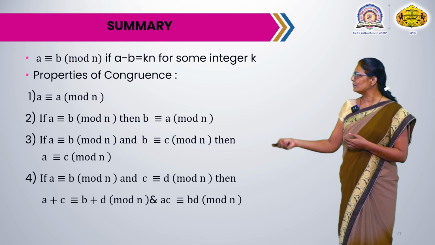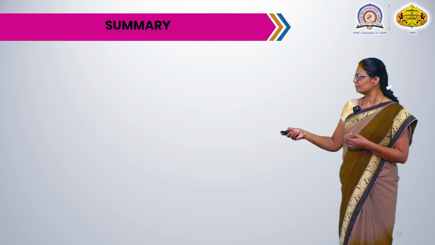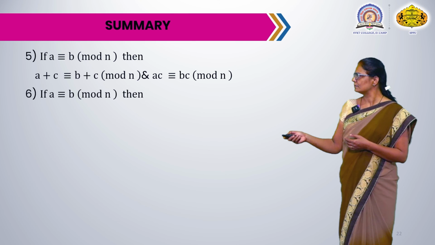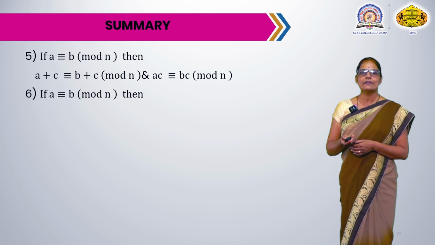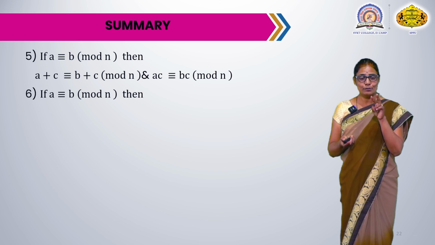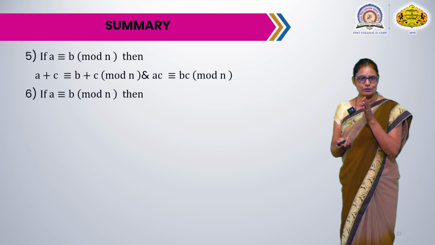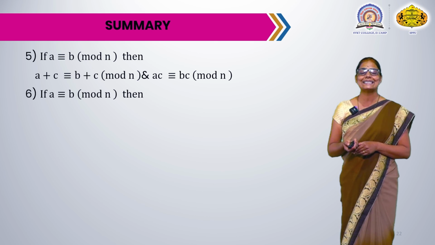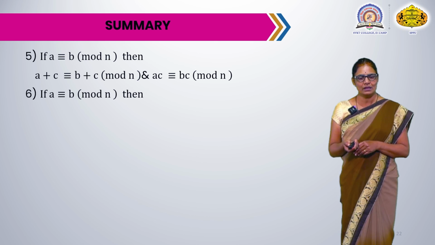The fifth property is, if A is congruent to B modulo n, then we can add C to both sides, so A plus C is congruent to B plus C modulo n, and multiply both sides by C, so AC is congruent to BC modulo n.